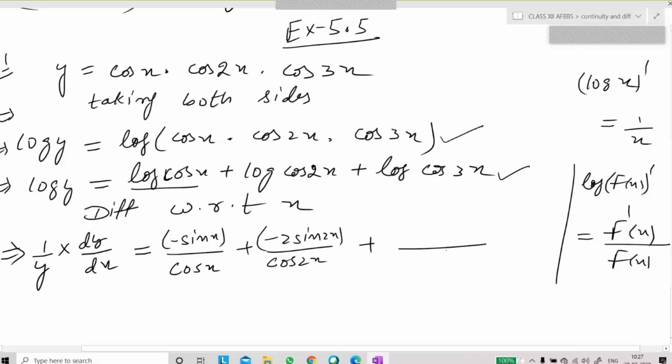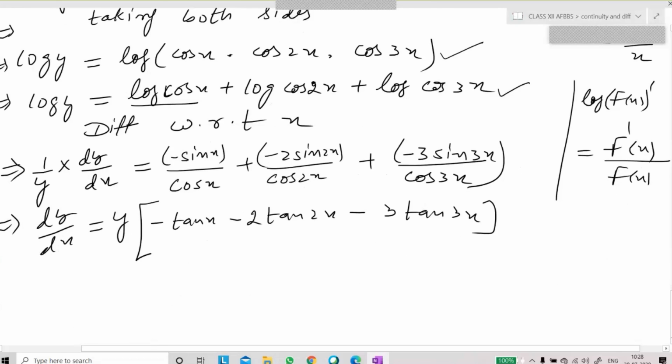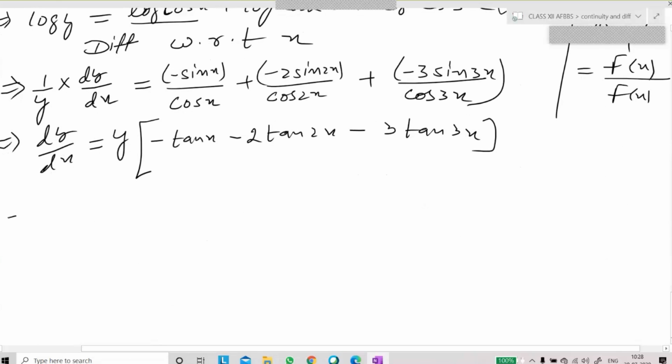Similarly, denominator cos 3x, minus 3 sin 3x. Now dy by dx will be equal to, if you have doubts in any step, please tell, this is minus 10x minus 2 tan 2x minus 3 tan 3x, and then you substitute the value of y also.